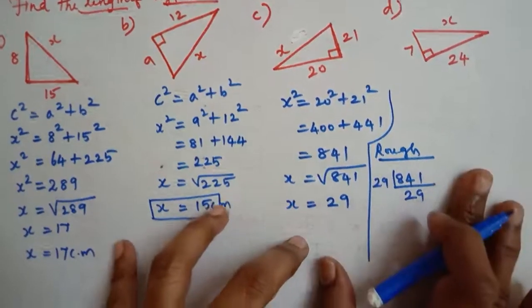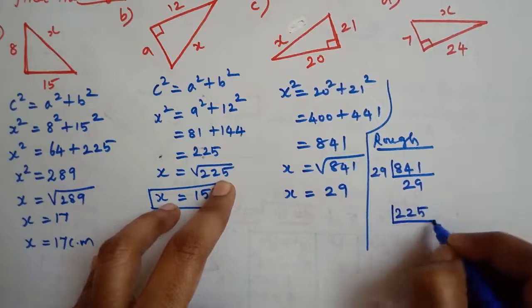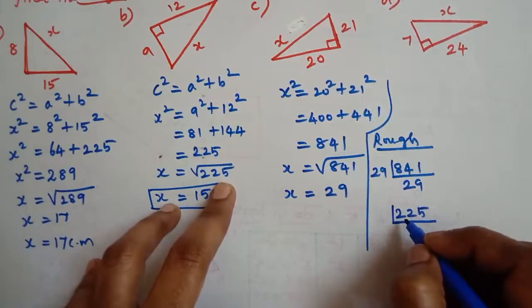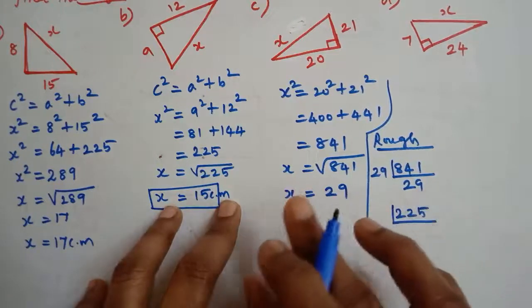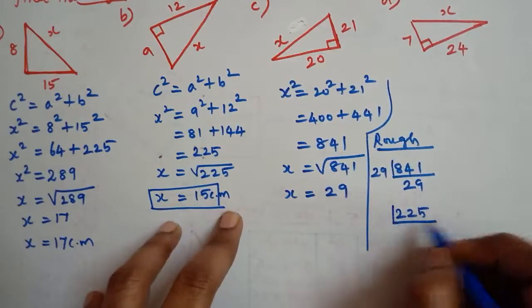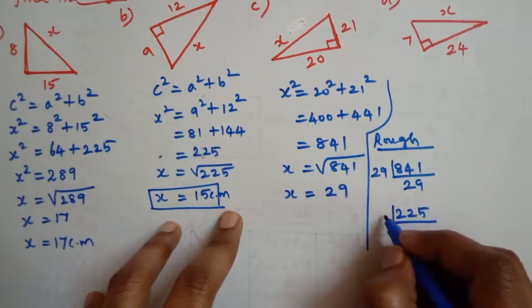Take this number 225. Square root of 225 is 15. How do you find it, students? Listen, you just write an L division. If you forget the table, just do the L division. This is an odd number, so take 5 first.